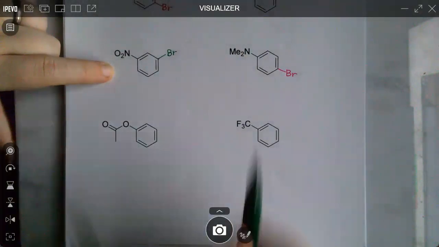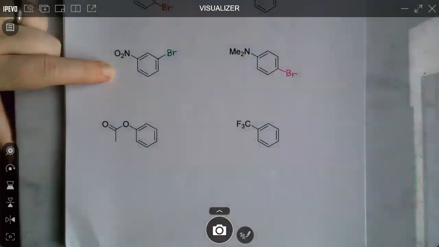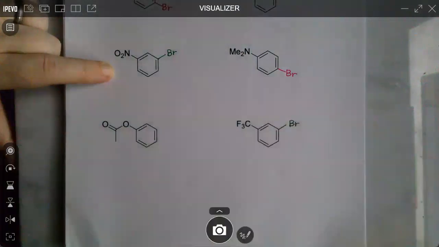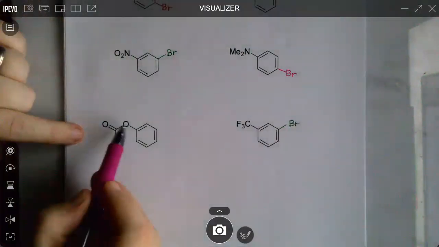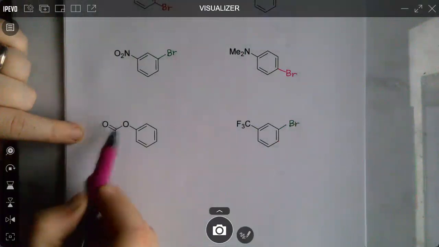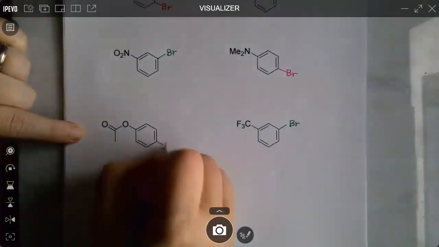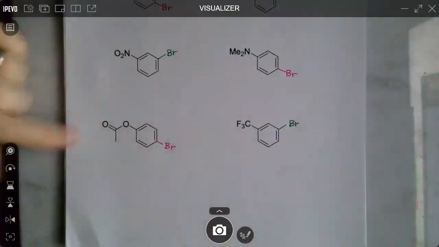The trifluoromethyl group is a meta director, whereas the ester with the oxygen attached to the ring is a moderate activator and ortho-para director. We'll put the bromine para.